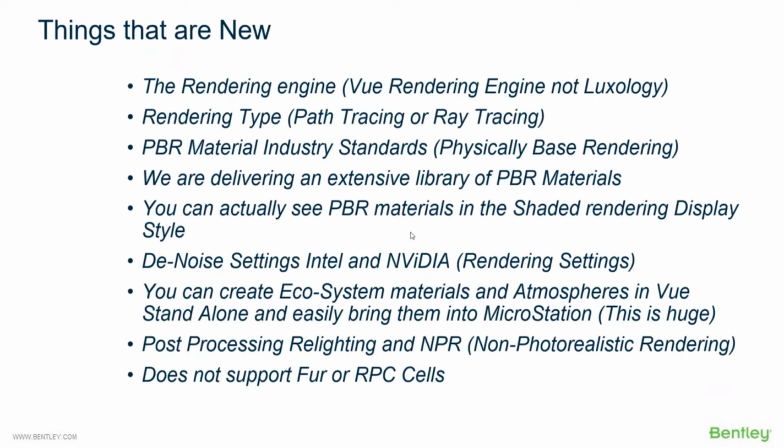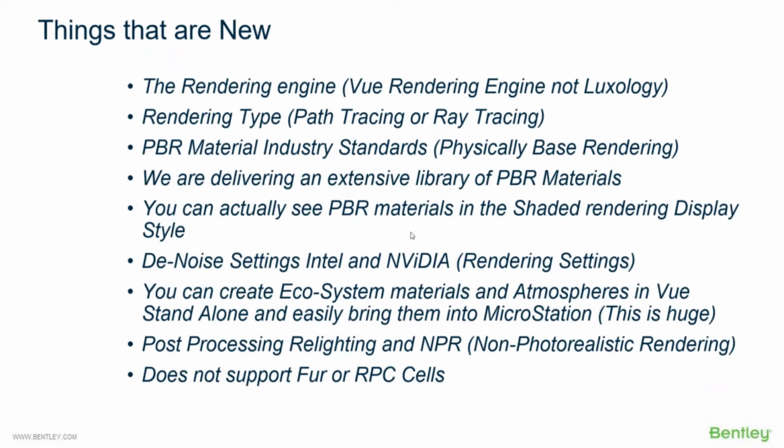So you can actually buy the VUE standalone product and you can create your own ecosystem. So there is a workflow. I'm working on developing a guide for that right now. But there is a workflow: I can export my terrains and my solids and my 3D elements in my MicroStation drawing to VUE.